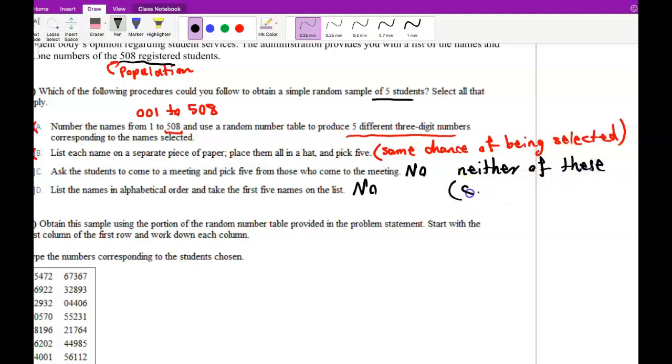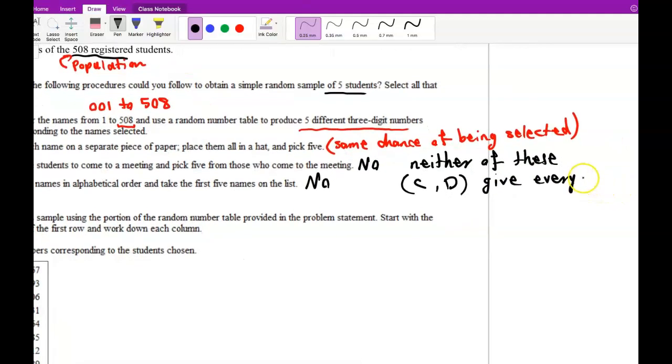I mean C, D, these two parts. So neither of these give everyone the same chance of being chosen.